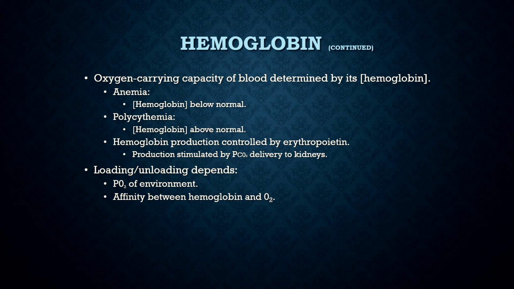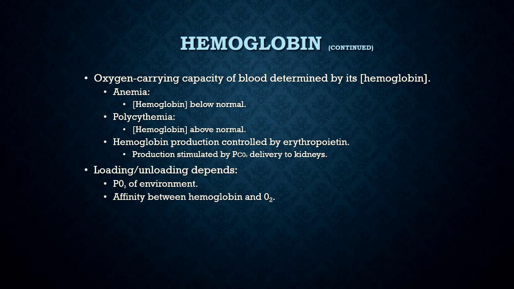So factors that can influence loading and unloading will be partial pressure of oxygen within the environment, where when we have an increase in load, we'll have an increase in oxyhemoglobin. Also, the affinity or the bond strength between hemoglobin and oxygen also will determine how much loading and unloading happens.